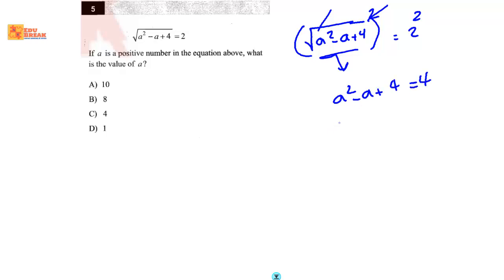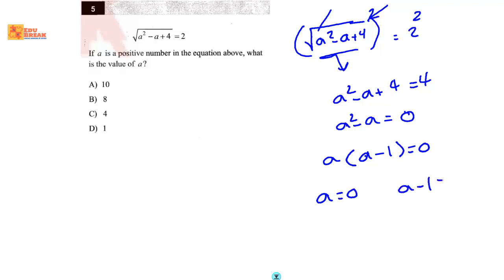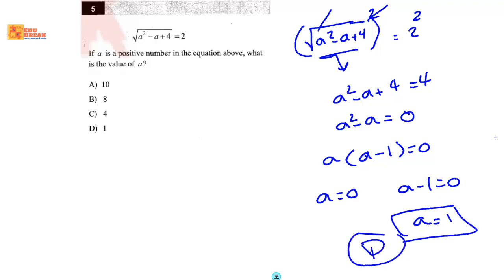Subtract 4 from both sides, so we have a squared minus a equals 0. Take a as a common factor, so we have a times a minus 1 equals 0. It means a equals 0, or a minus 1 equals 0. It means a equals 1. So the answer is D.